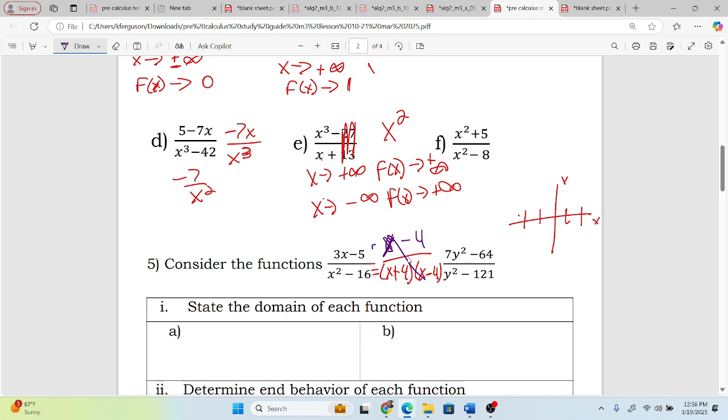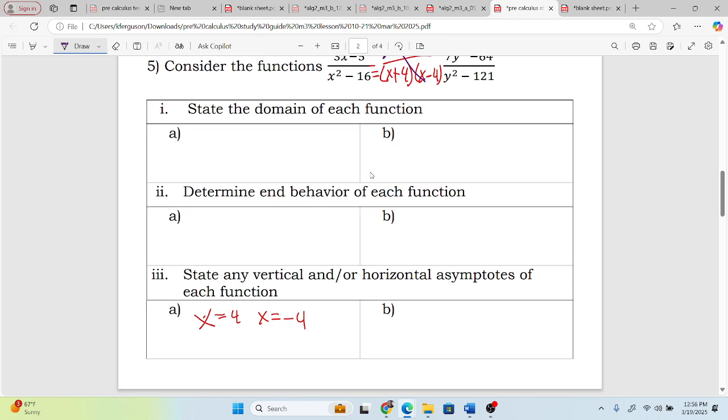But for your asymptote lines, you don't have to count this when you cancel it off. Does everybody understand what I'm talking about, or am I talking to myself? Okay. Yes. All right. So that's all of these.